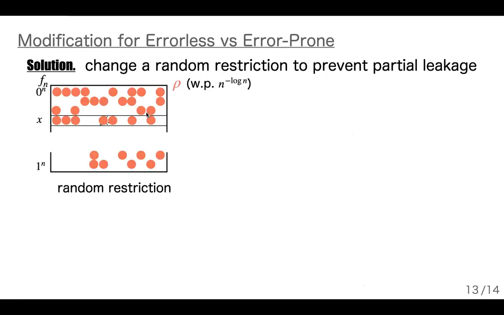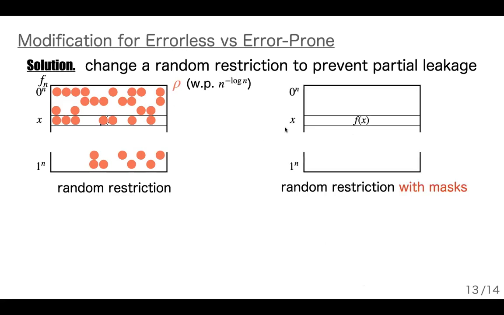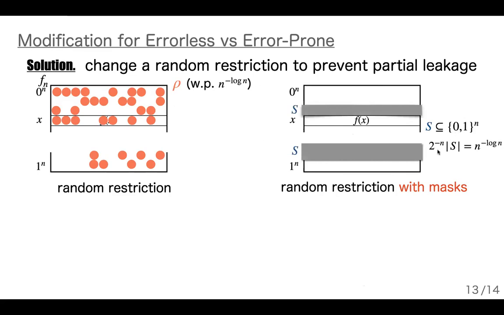A solution to construct a hitting set generator is to change the random restriction to prevent such partial leakage. Especially, instead of a standard random restriction, we apply a new but very simple type of random restriction with masks. In this random restriction, first we randomly select a random subset S of the domain of F, and we regard this random subset as a mask. Then we apply a standard random restriction, but this mask prevents such a random restriction. So we construct a more restrictive NP oracle A by applying this type of random restriction.